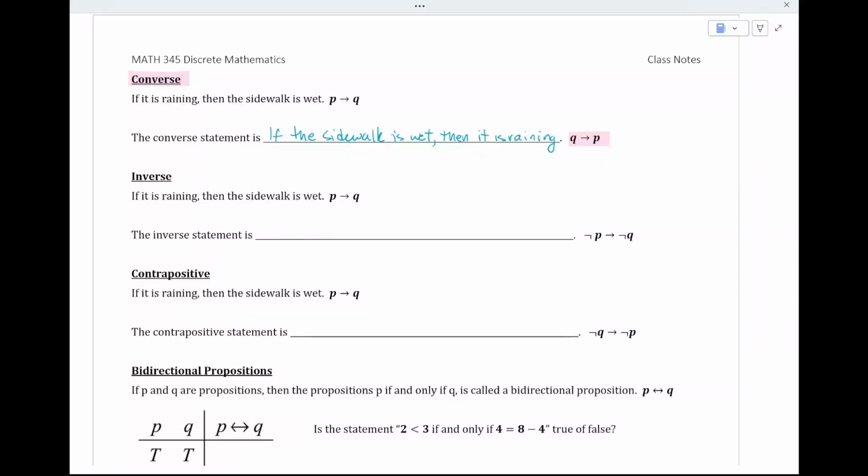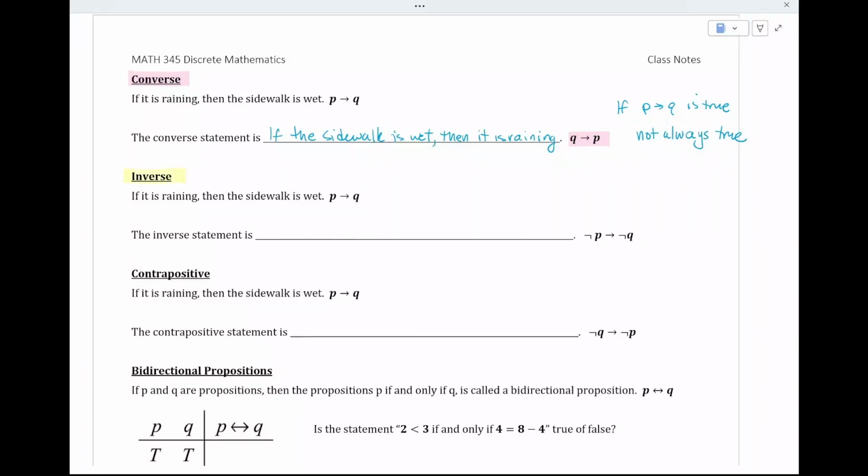And we can think about, if P implies Q is true, is the converse always true? If when it's raining, the sidewalk gets wet, would it be true to say if the sidewalk is wet, then it is raining? Or are there other ways for the sidewalk to get wet that don't involve raining? Like someone spilling their coffee, or maybe someone dumping a bucket of water. So is the converse always true? Not necessarily. The converse being true does not follow from P implies Q being true.